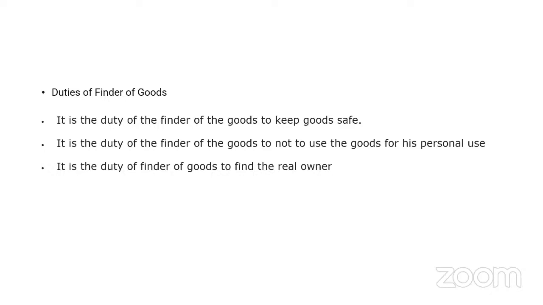Okay, I found a bag belonging to somebody else. I safely go and keep it in my house and completely forget about it. No, that is wrong. If you have found any goods or belongings of somebody else, it is your responsibility to make sure that you find the real owner. You cannot just keep it in your house for years together like that.